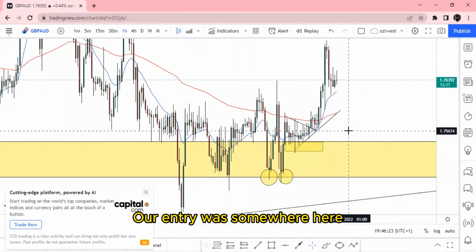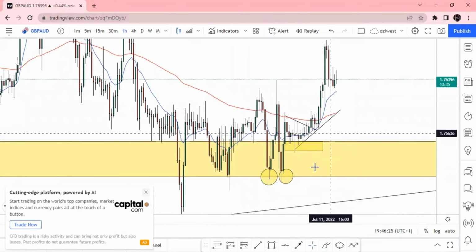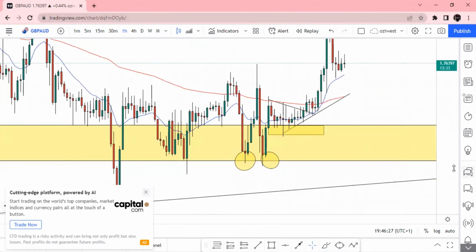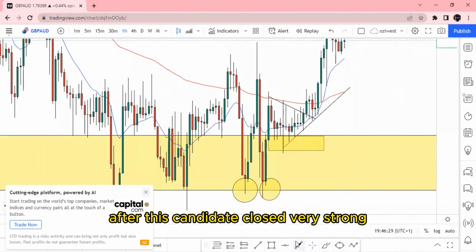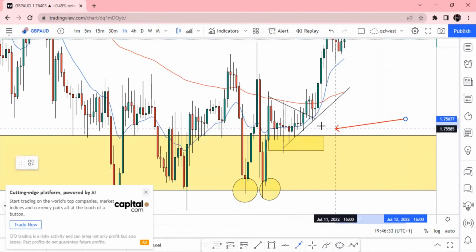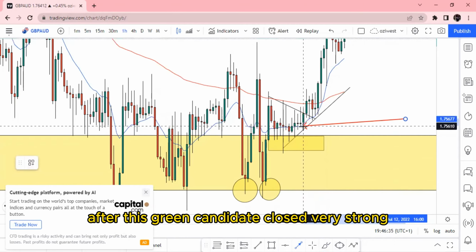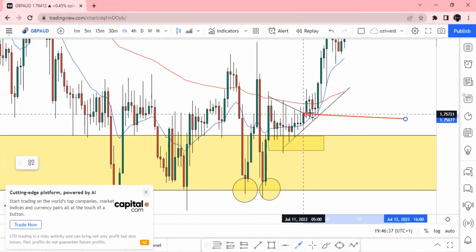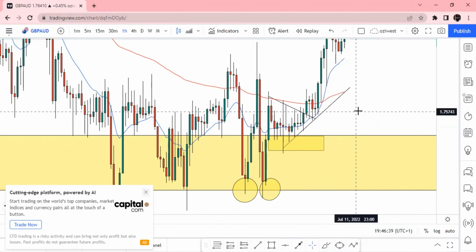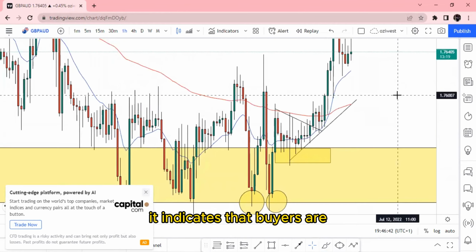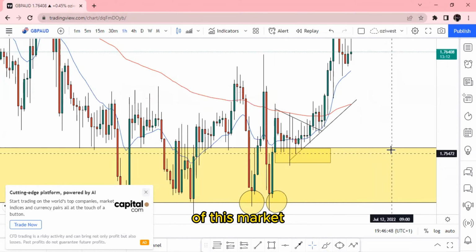Our entry was somewhere here, after this green candle that closed very strong. That was when we executed, because now it indicates that buyers are starting to take control of this market.